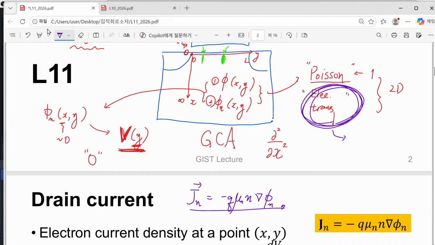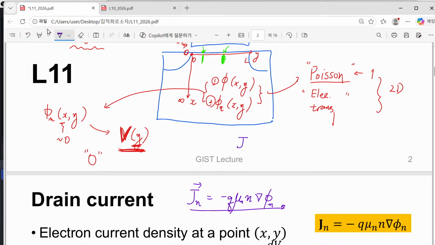And let me just write down position-wise. So if I ask you this simple question, how can you answer? Please try to write down your electron current density as a function of x and y position. Then of course you have to do it this way, mu n.